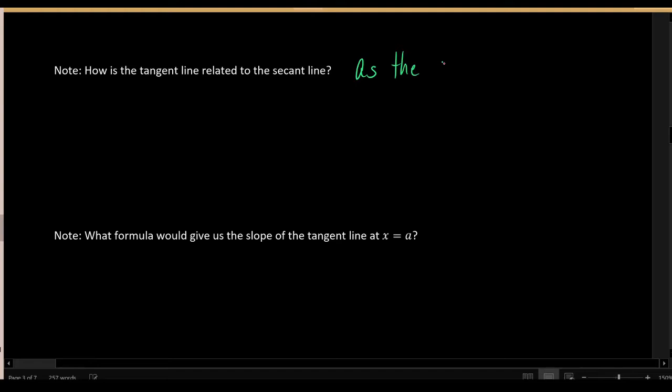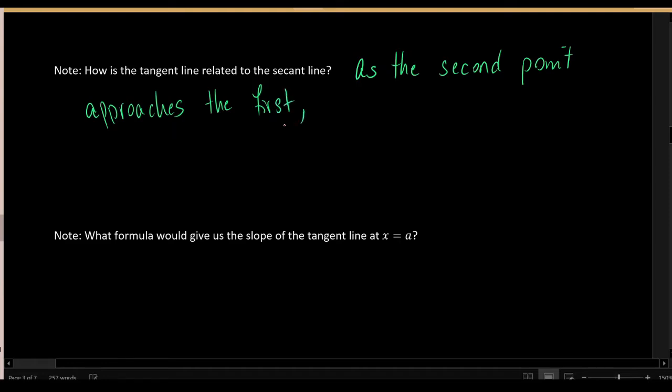As the second point approaches the first, as that right point gets closer to the left point, the secant line becomes tangent.